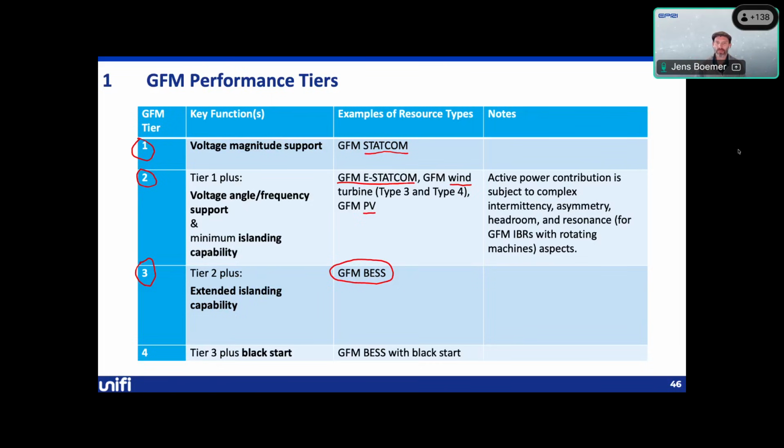So in that sense, the grid operator might never expect the continuous operation of that plant to go above the 80% of the nameplate rating anyway.